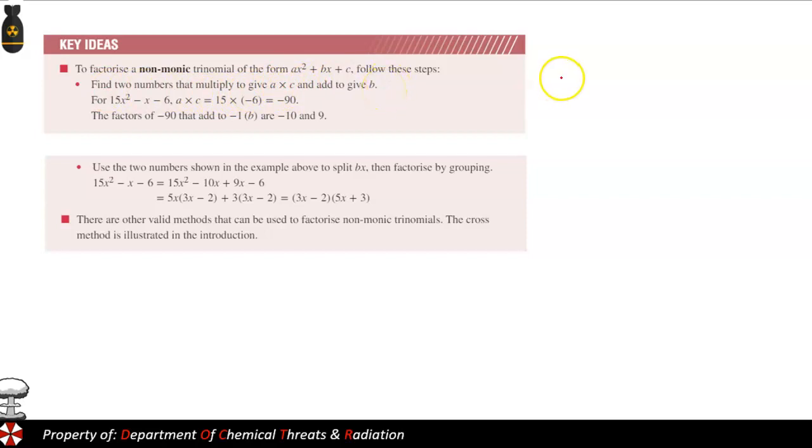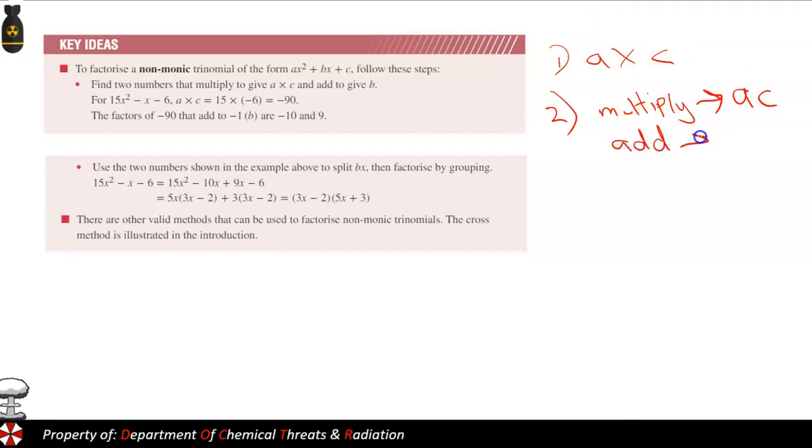So step 1, a times c. Step 2 is two numbers that multiply to give ac, whatever that is, and add to give us b. That's our next step.